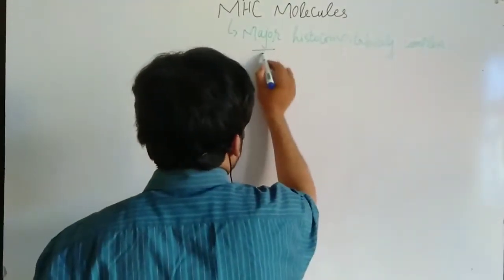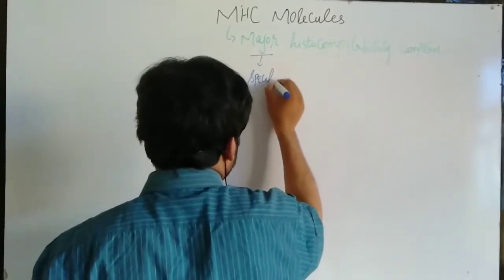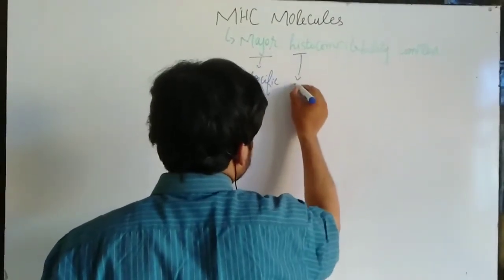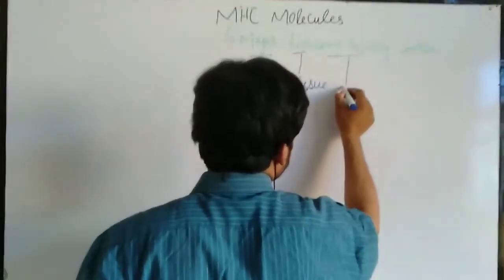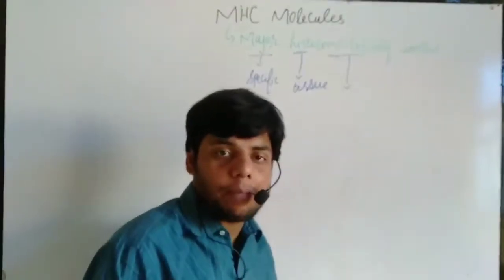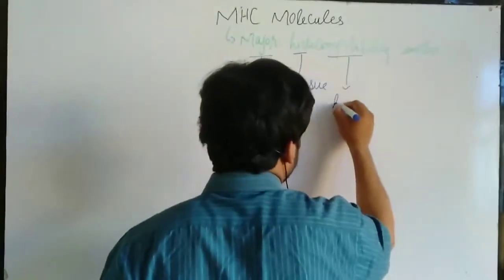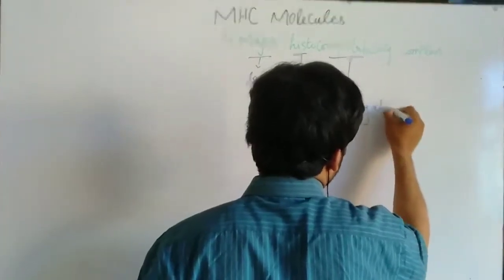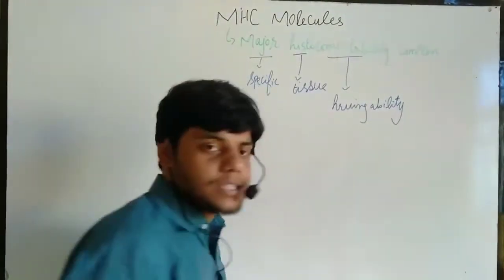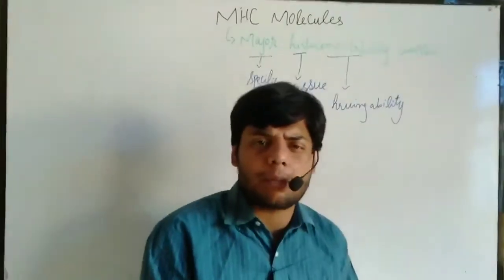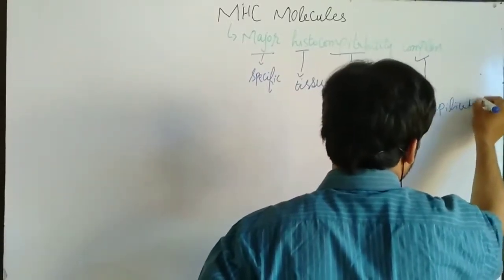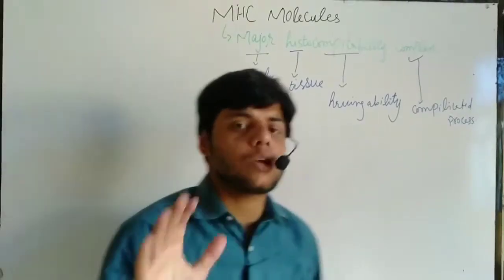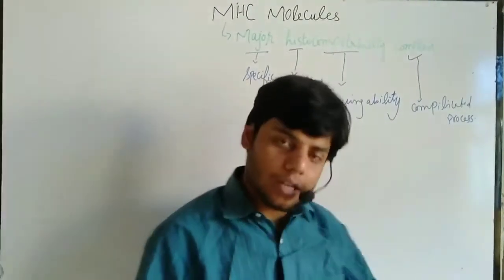Major means specific, histo means tissue, compatibility means against or having the ability along with, and complex means a complicated process. Although it is a very complicated topic, I will explain it in an easy way.